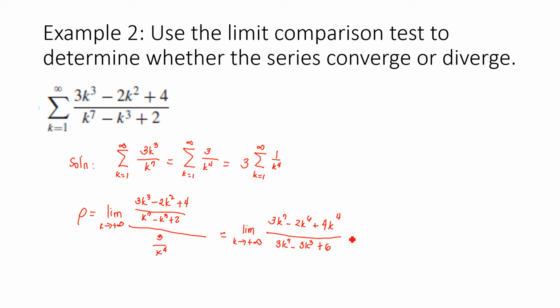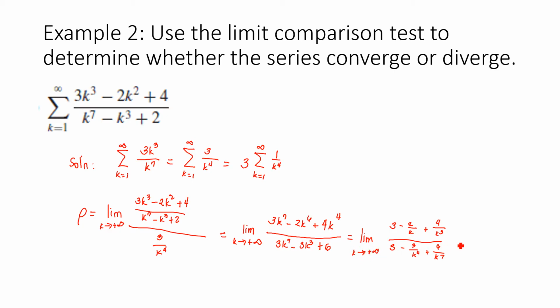That will become the limit of 3 minus 2 over k plus 4 over k^3, all over 3 minus 3 over k^4 plus 6 over k^7, as k approaches positive infinity.